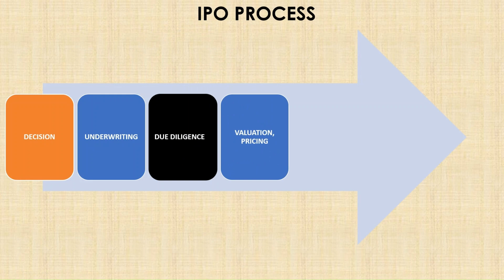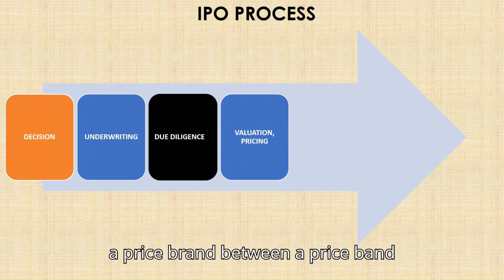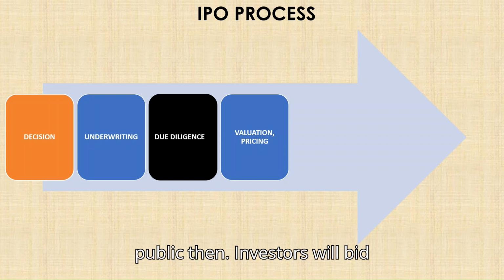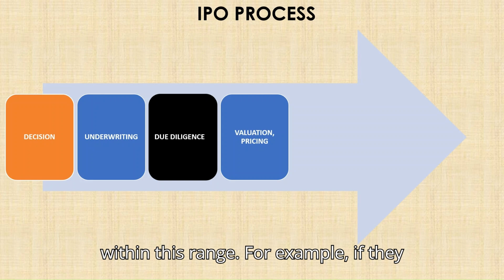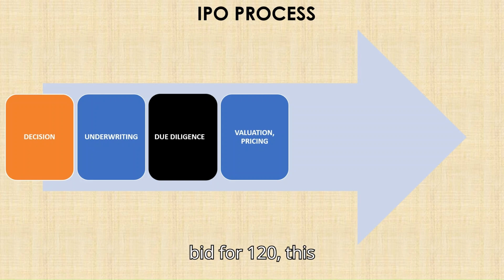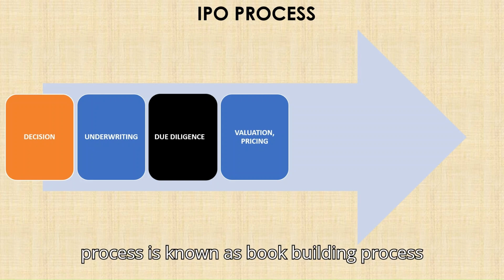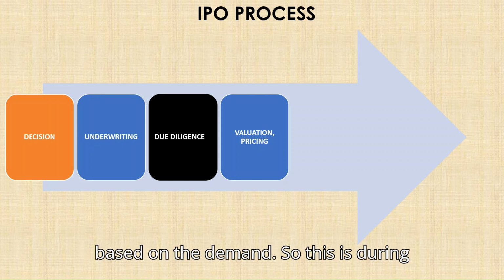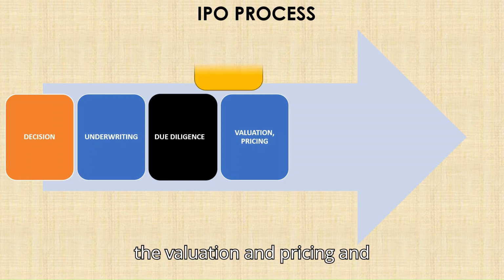For example, a price band between 100 to 150 is allotted to the public, then investors will bid within this range. For example, if they bid for 120, this process is known as the book building process, and then the final price is determined based on the demand. So this is during the valuation and pricing.